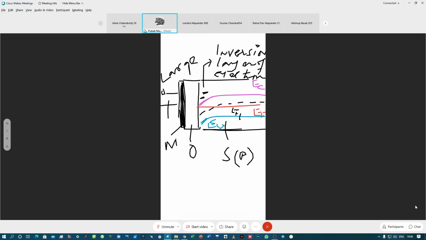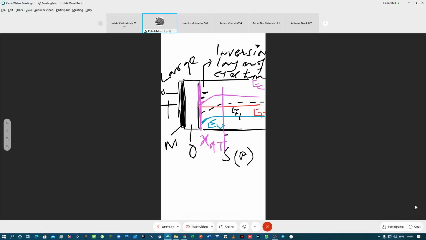And this now gives you XDT. It is as if the same situation as the thickening of the depletion layer, because lots of negative charges have accumulated at the oxide semiconductor interface.